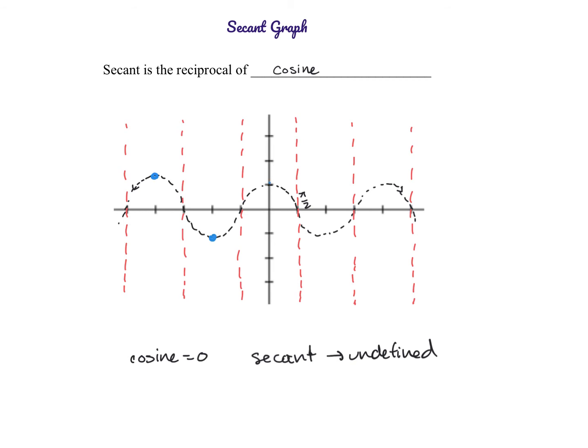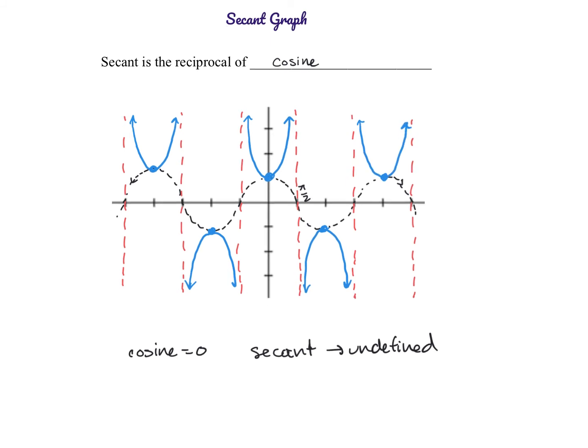That will be the same point for both our secant and our cosine graph. Then it makes the same shape that our cosecant graph makes. Those values at the top and bottom of cosine become like the vertex of our little mini parabolas. So there's our general shape.